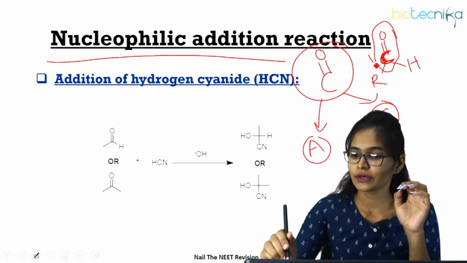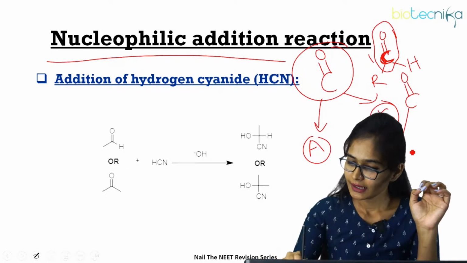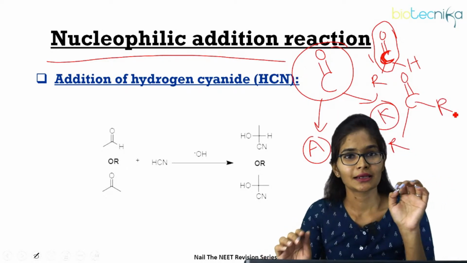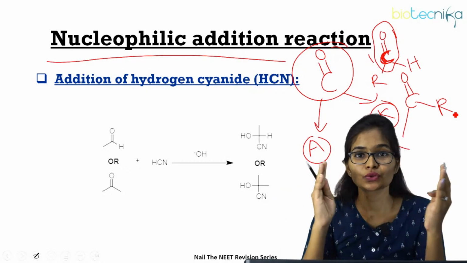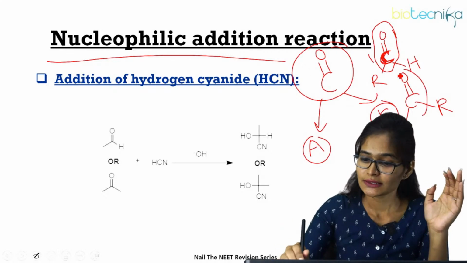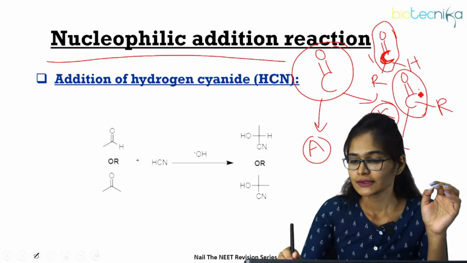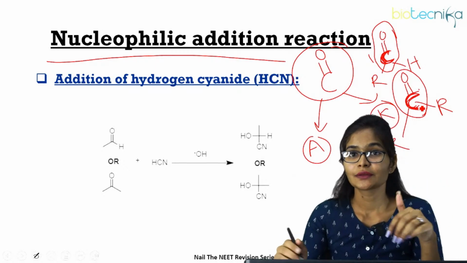In case of ketones, the carbonyl group has an alkyl part on one side and another alkyl part on the other. So the carbonyl group is attached to two carbon substituents, and its electron density will be more.